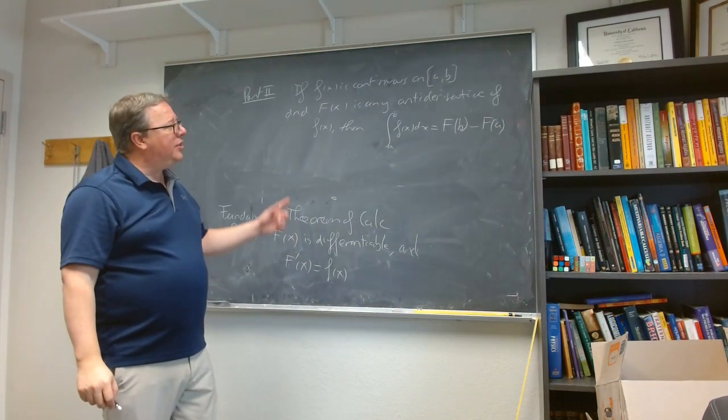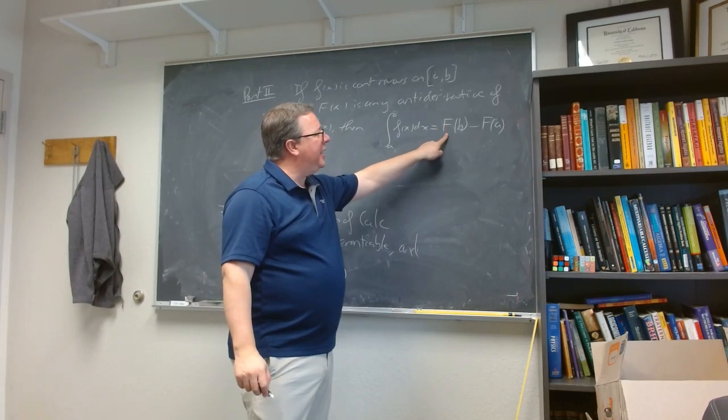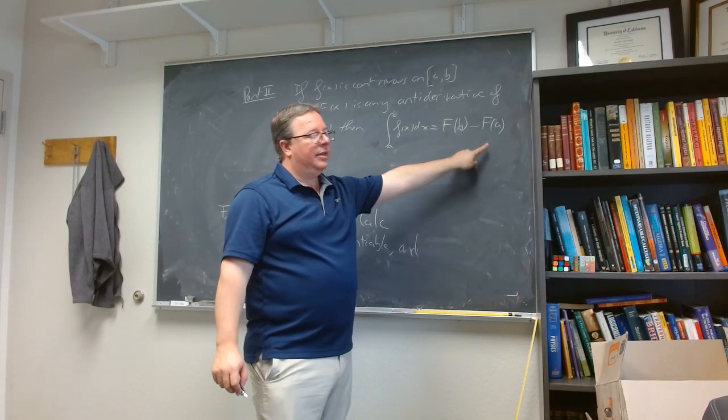So the area is just going to be given by big F at b minus big F at a.